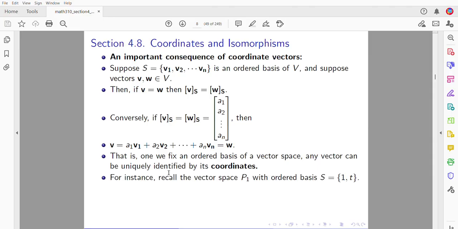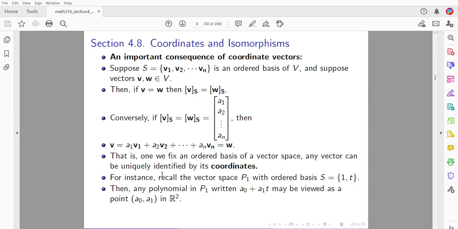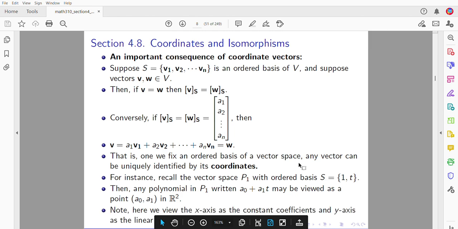For instance, recall the vector space P1 with ordered basis S equals {1, t}. Any polynomial in P1 can be written as a0 times 1 plus a1 times t. So a0, a1 are the coordinates of that polynomial. So you may write it as a point in R2.